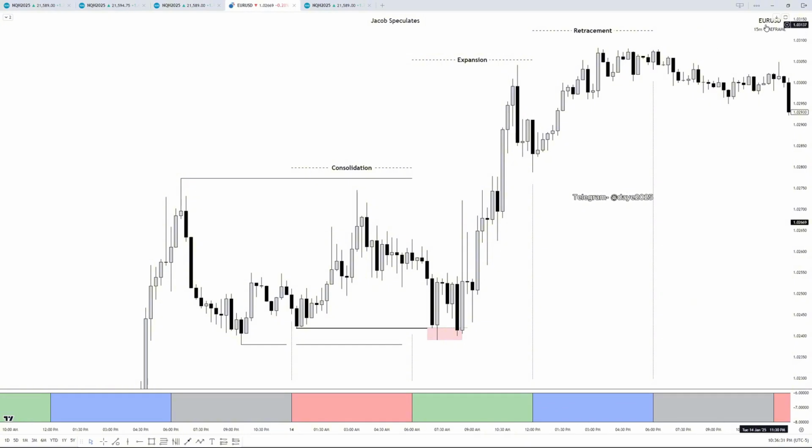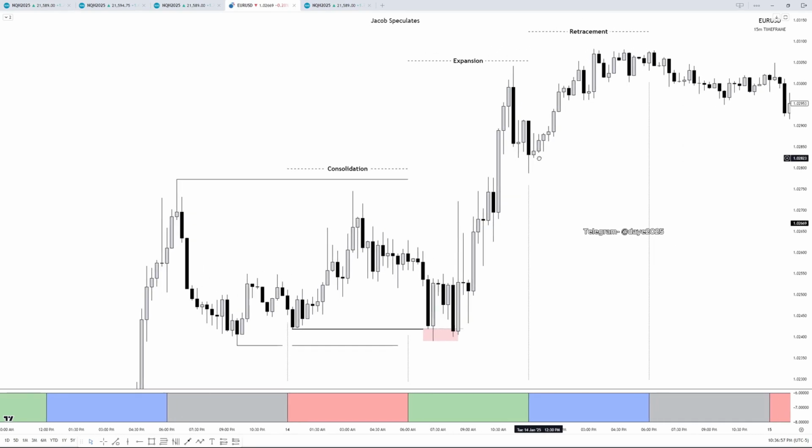And now we're looking at the euro. As you can see, 15-minute time frame on the daily cycle. Q2 was a consolidation. Q3 opened up, made a stop run on Q2's low, and then expanded. And then once Q4 opened up, we made a retracement into a gap, and then continued the basis of what Q3 did.